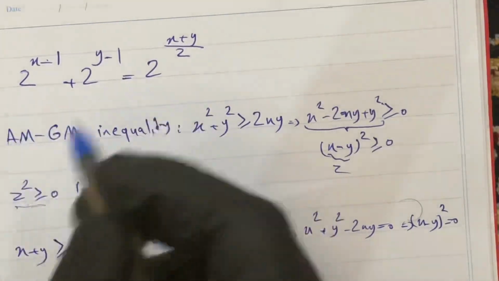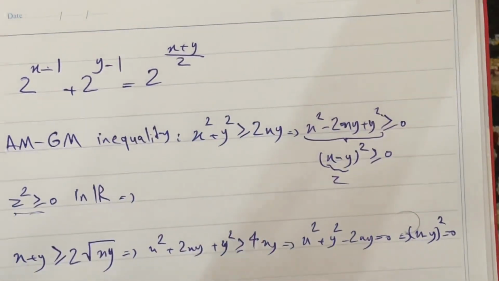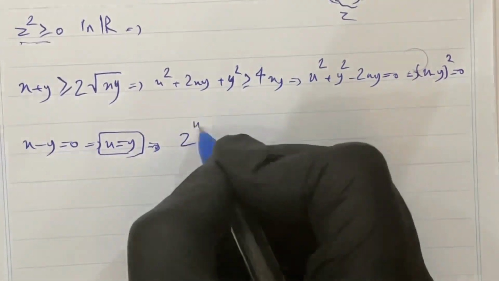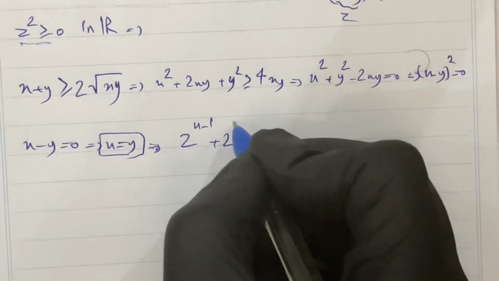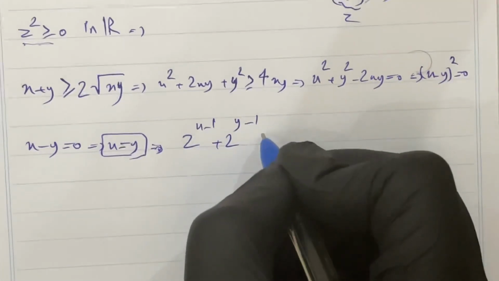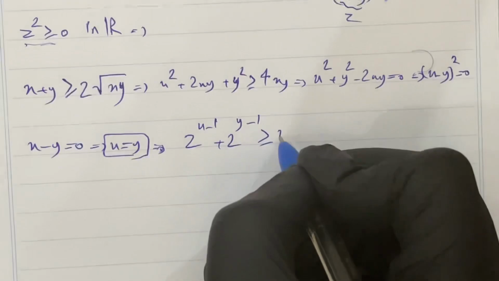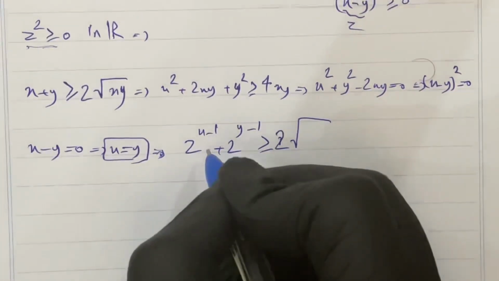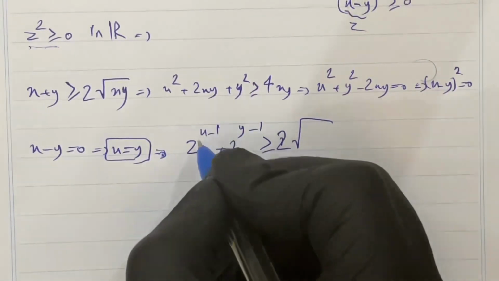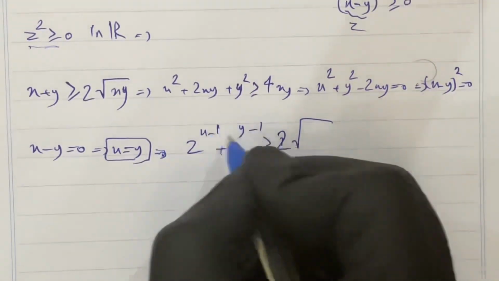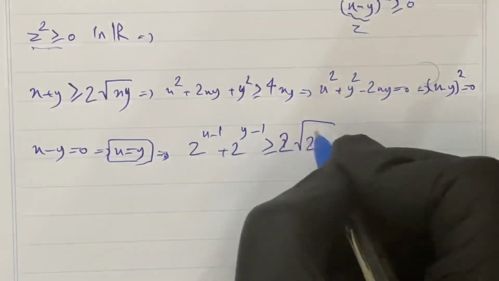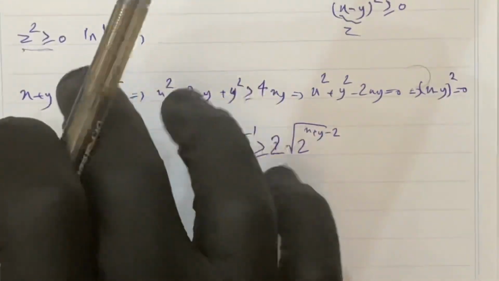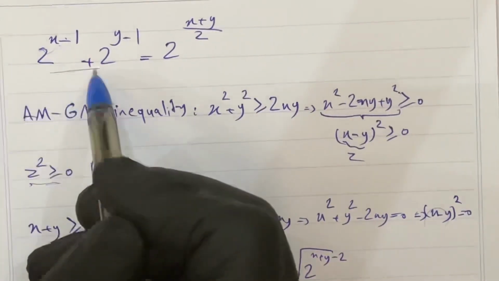So let me write this inequality for these two. That would be 2 to the power of x minus 1 plus 2 to the power of y minus 1 bigger or equal than 2 radical the multiplication of these, which is 2 to the power of this plus this, which is x plus y minus 2.